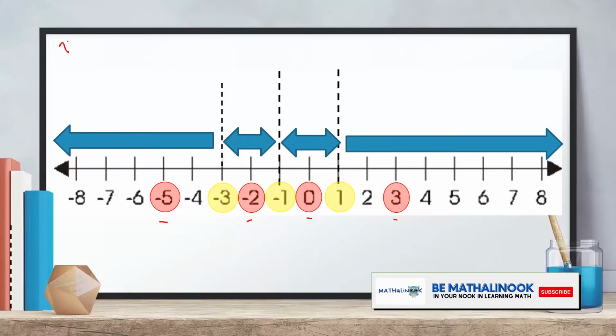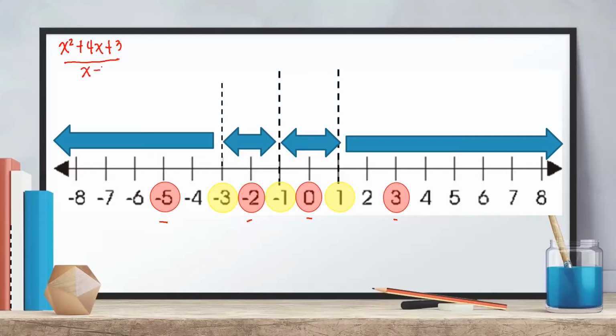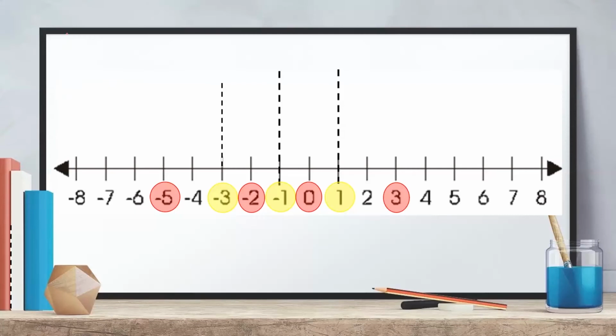Remember that our given is (x² + 4x + 3)/(x - 1) is greater than 0. For the first testing point, if x is equal to -5, then our given will become (-5² + 4(-5) + 3)/(-5 - 1) is greater than 0.